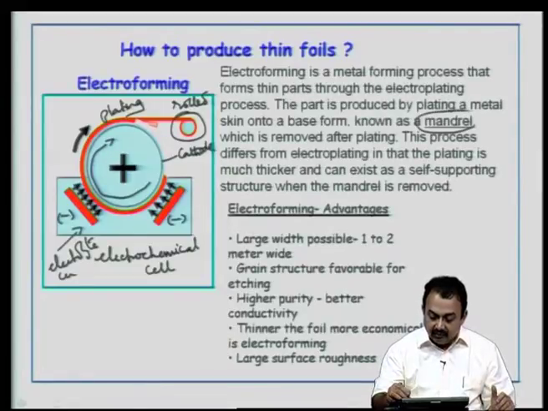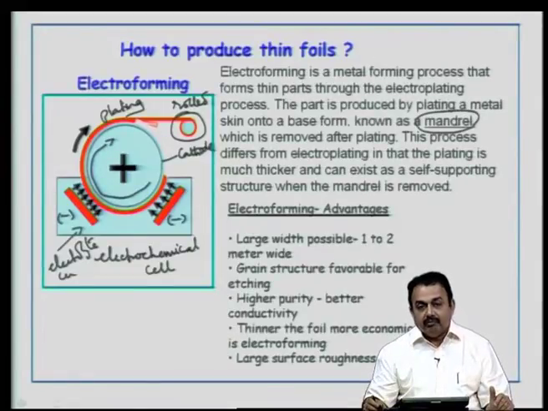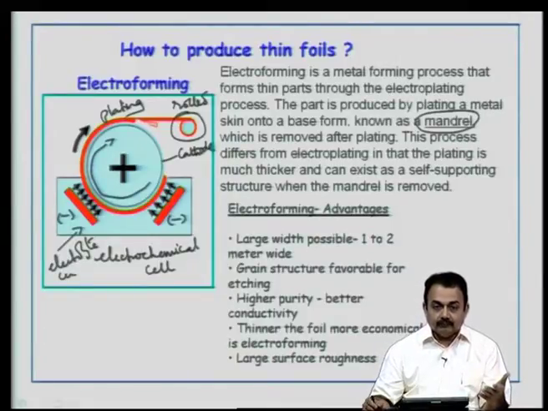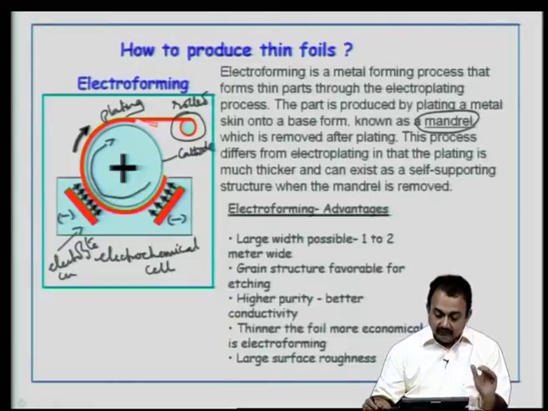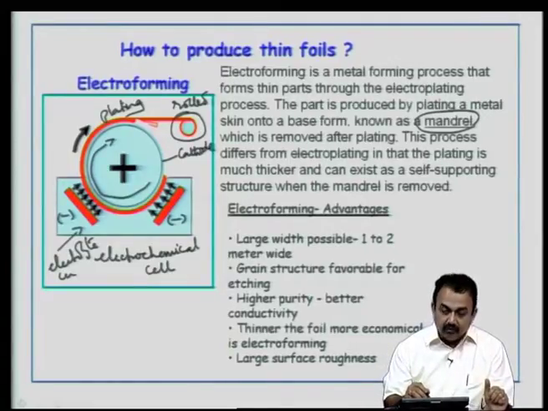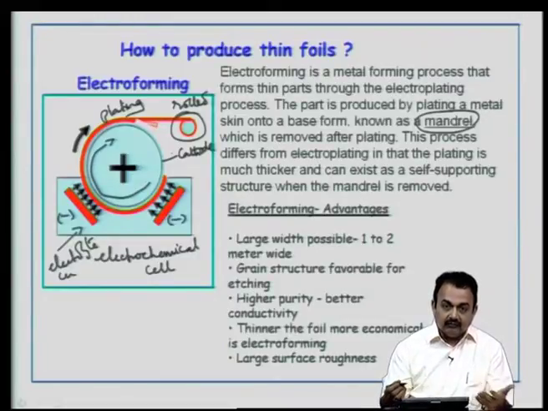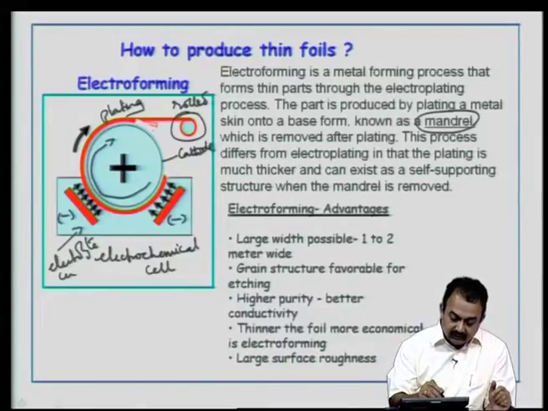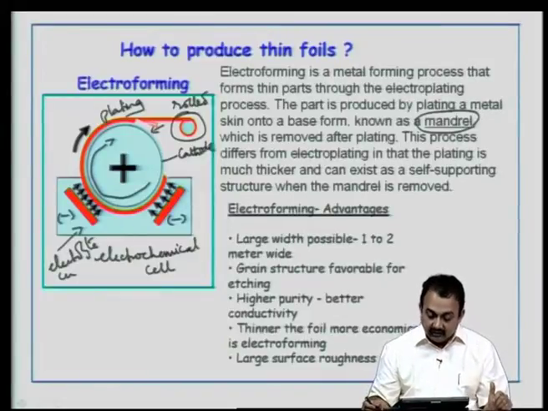This is an important requirement, because the plated metal will take the shape of the mandrel. So, mandrel is essential for electroforming, and this mandrel will be removed after the plating is over, and once you remove the mandrel you will get the foils in this case. So, here you can see that it is detached from the base cylindrical drum.